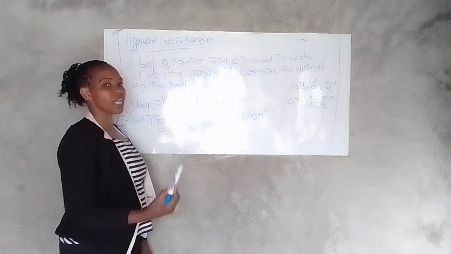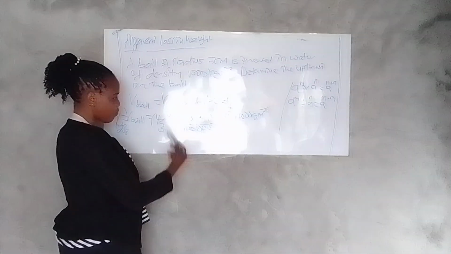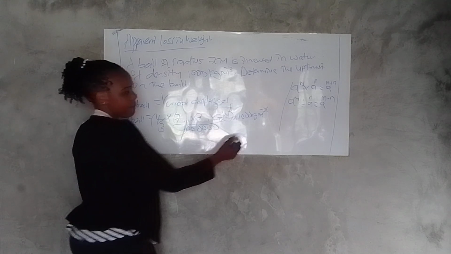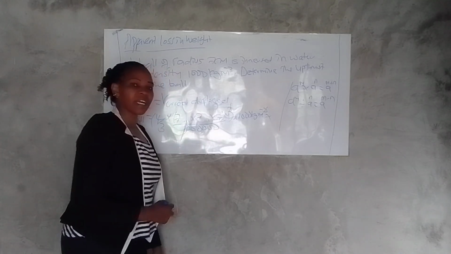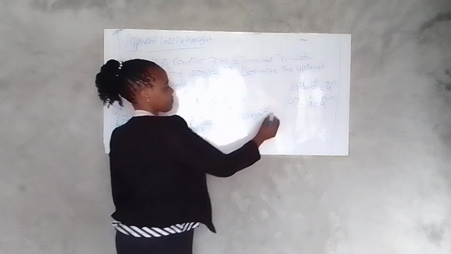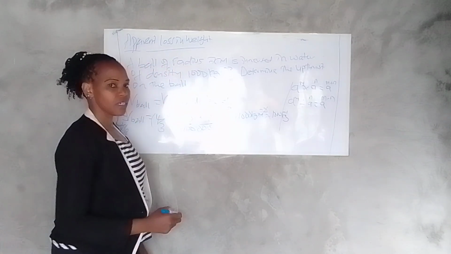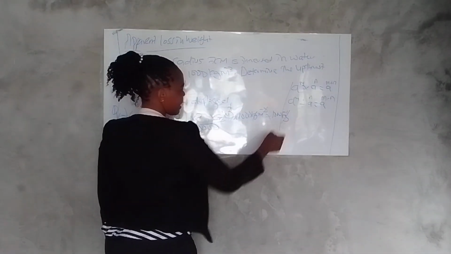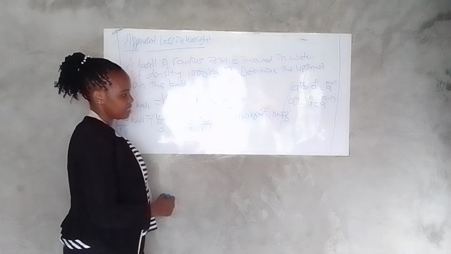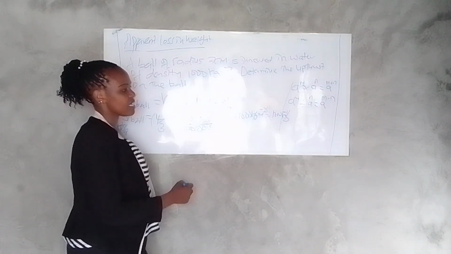Now we want to get the weight of the water that is displaced, so I must multiply this by gravity. What is gravity? It is 10 newtons per kilogram. Now we have kilogram and per kilogram, so whatever we get will be in newtons.